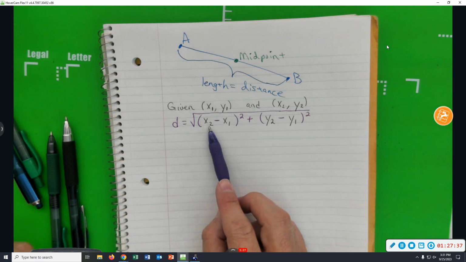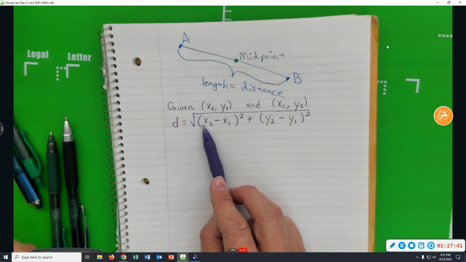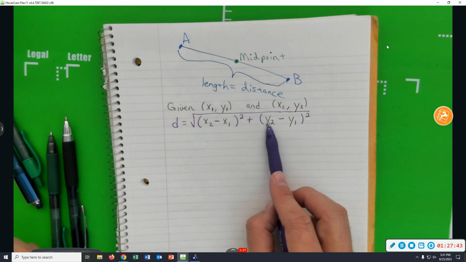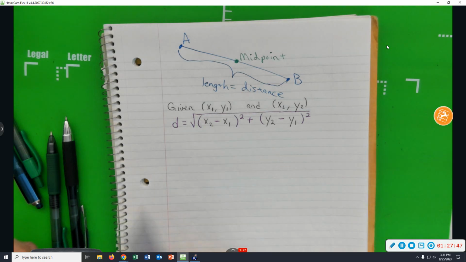So you're going second x minus first x, square it, plus second y minus first y, square it, and take the square root. So that's the distance formula.